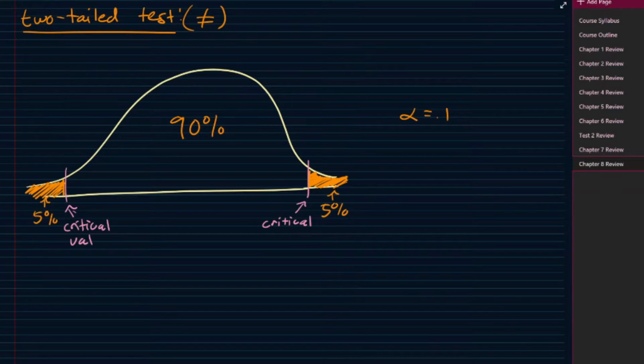The one on the left is negative, the one on the right is positive. So you don't always have to find both if you're doing a two-tailed test. You could just find the one on the left because that's the easier one to find. It's the negative, and then the one on the right is going to be the positive of that. But you could also just calculate it and you'll see, oh, I get the positive value. It's the same thing. And so this is what to do to find the critical values if it's a two-tailed test.